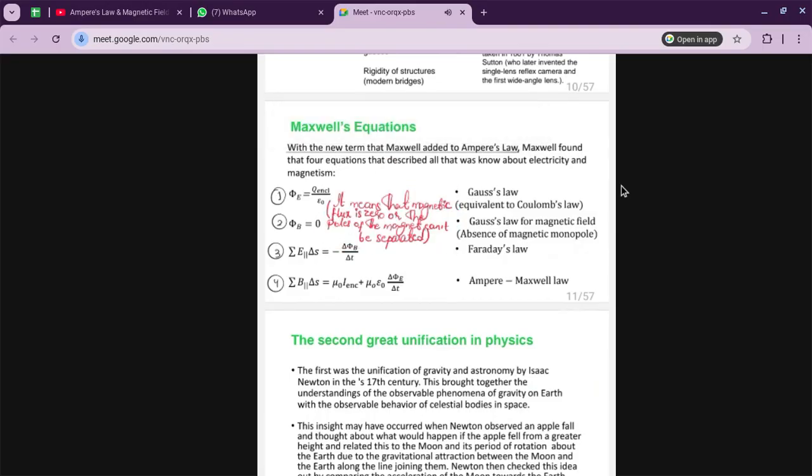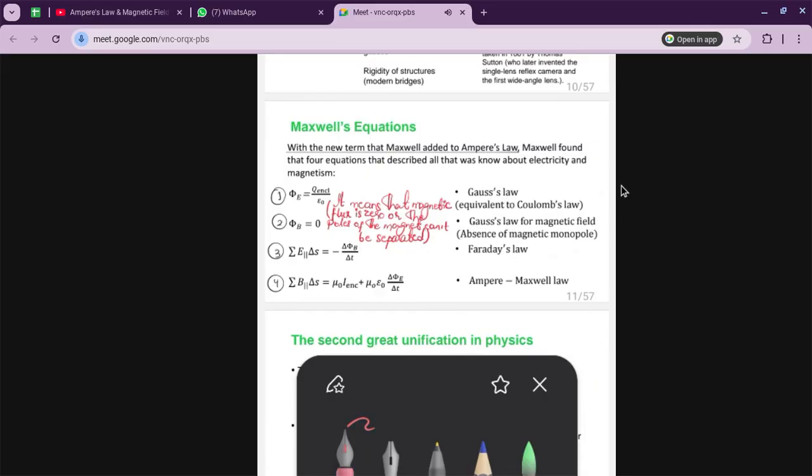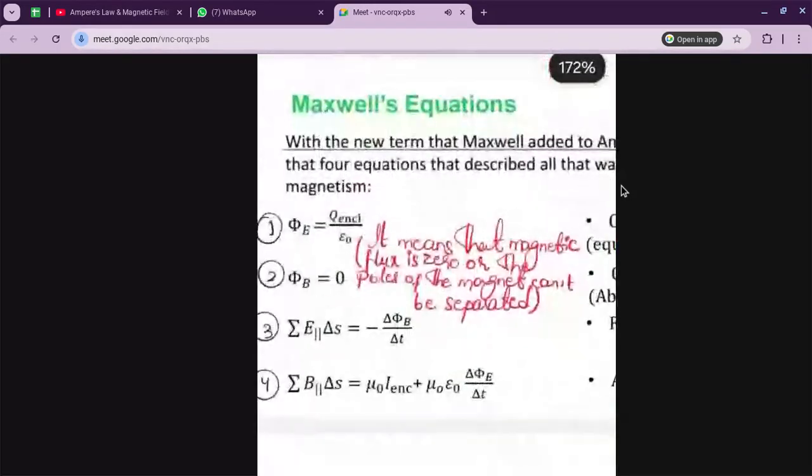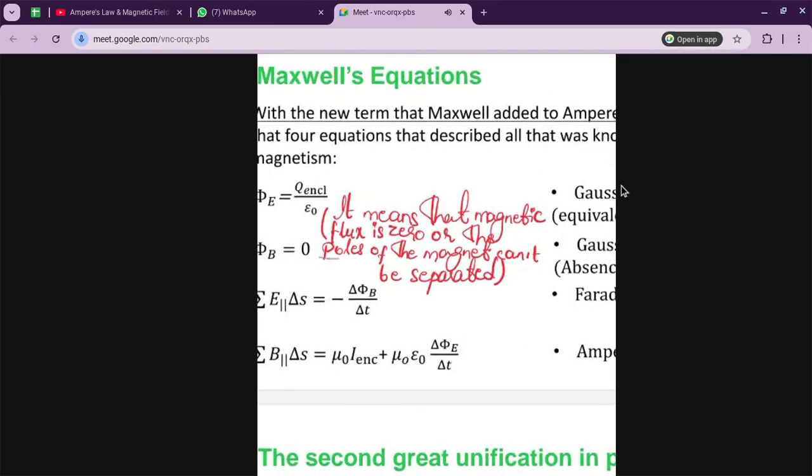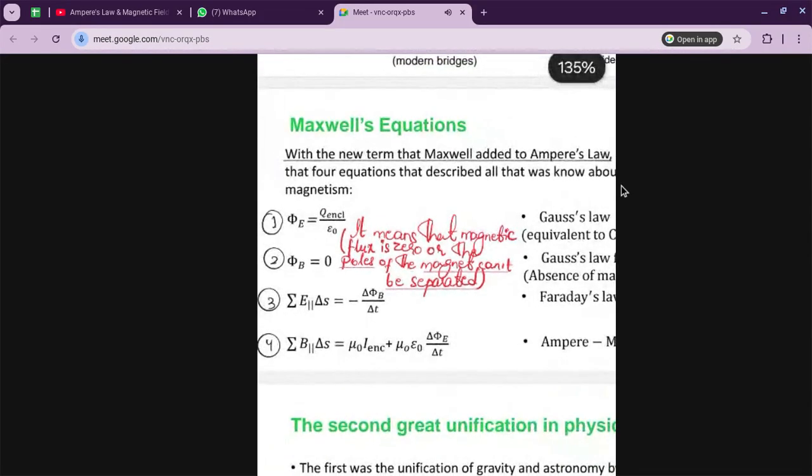Actually, this set of equations tell us that the magnetic flux is zero because the poles of the magnet can't be separated. It means that we can't separate the poles.